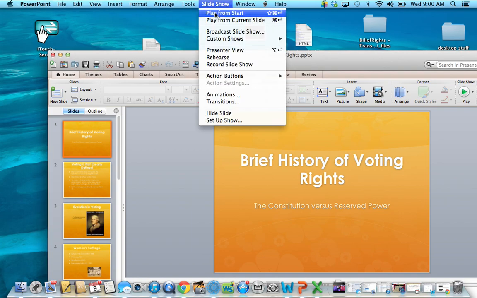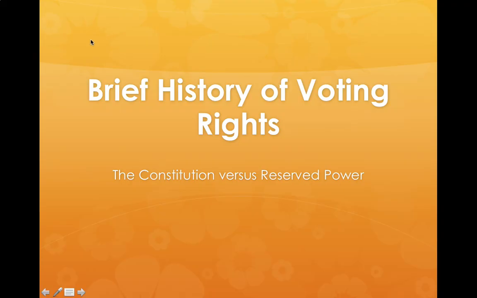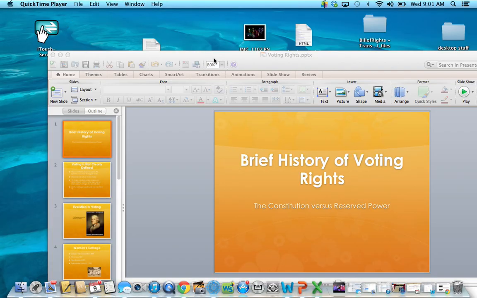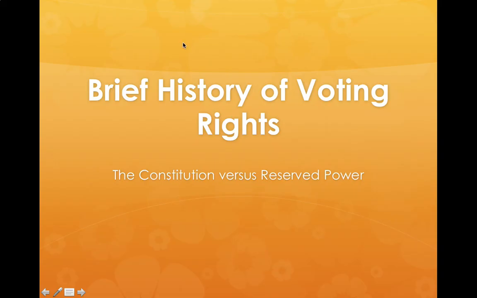Alright, good morning. Today we're going to be looking at the voting rights of the United States. The issue with the voting rights is that the Constitution never clearly defined what it meant to be a qualified voter.